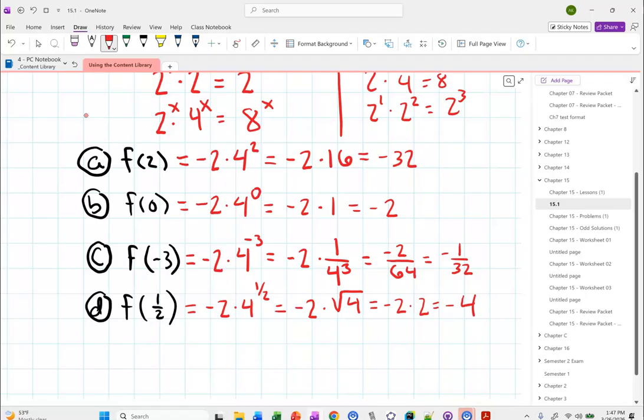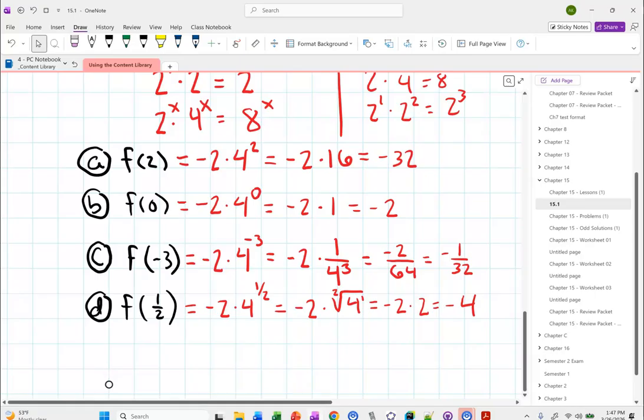And the rule here is that the denominator of the fraction is the index of the radical, and the numerator of the fraction is the exponent on the radicand. That's the fancy word for the number under the radical. I'm guessing you didn't remember that because most math teachers don't remember that name. So if it was like 2/3, that'd be like 4 to the second, and then it would be the cube root of 4 to the second. Correct.